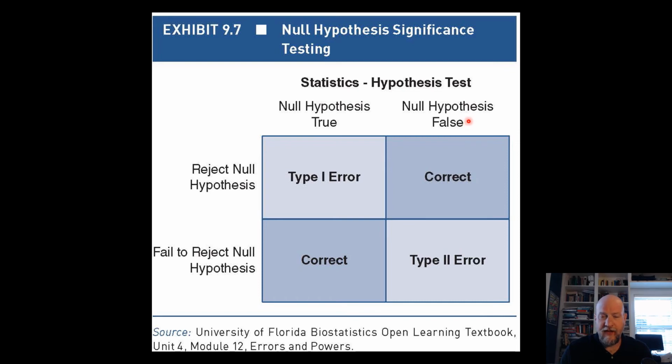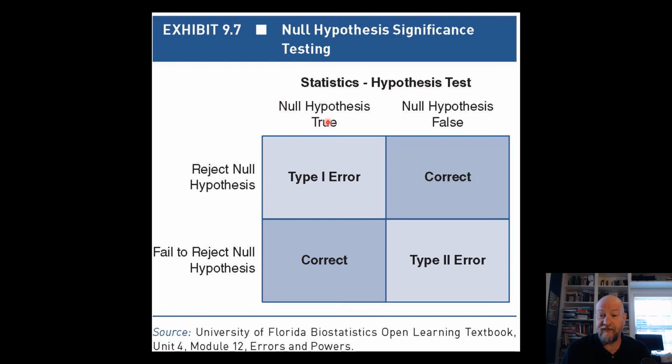If our statistical test comes back with a p-value less than 0.05, it's indicating that chance alone is not likely to have been the reason why we observe these results between these two groups, or more than two groups. And we reject the null hypothesis based upon that, then we're correct.